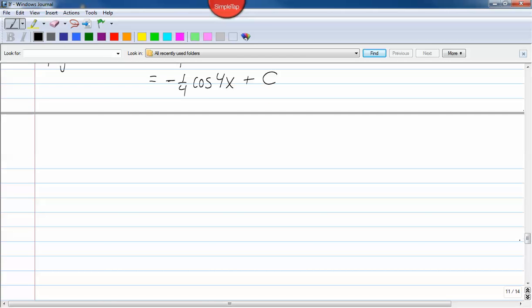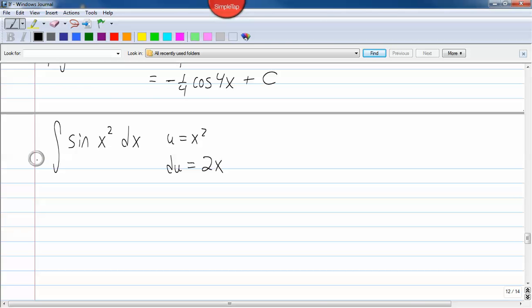Let me show you real quick an integral that we couldn't do because the du doesn't match up, that we could not do like that. If I had the integral of the sine of x squared, I could not do that using the method that I just did, because my u would be x squared, so my du would be 2x, but I don't have this x, and I can't bring out a 1 over x.